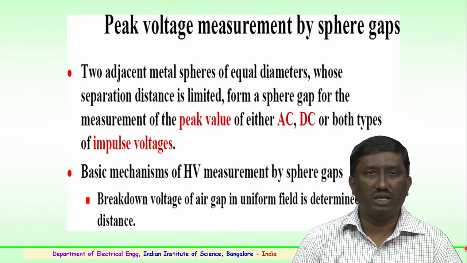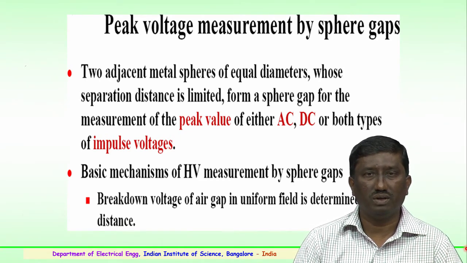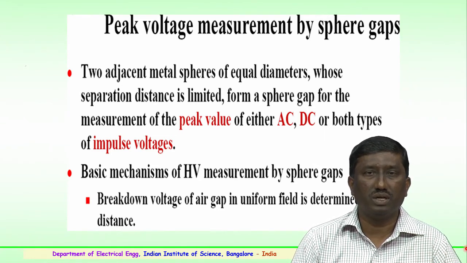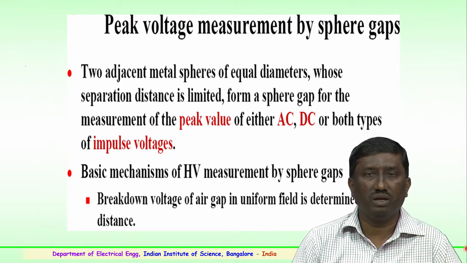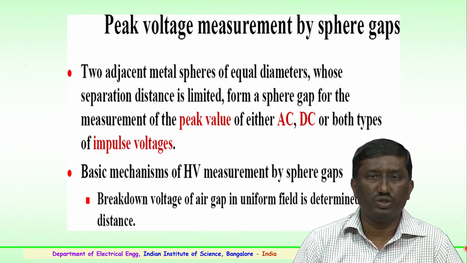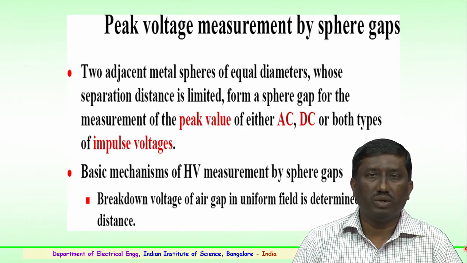It basically consists of two adjacent metal spheres of equal diameter. The spheres have to be of the same diameter, the arrangement could be vertical or horizontal, and the separation distance is limited.